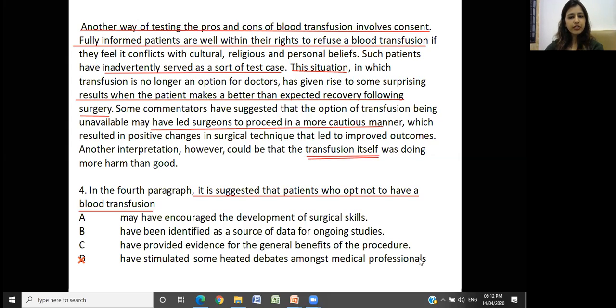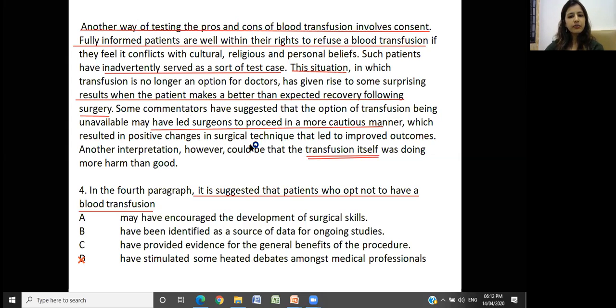Debates among medical professionals. There are no debates as such, because all those test cases have proved that they made better recovery than expected. So there is no such debate, but there is a different viewpoint that there could be two possible reasons why they did better than when the blood transfusions were given. One reason is that probably the surgeons proceeded carefully, cautiously.